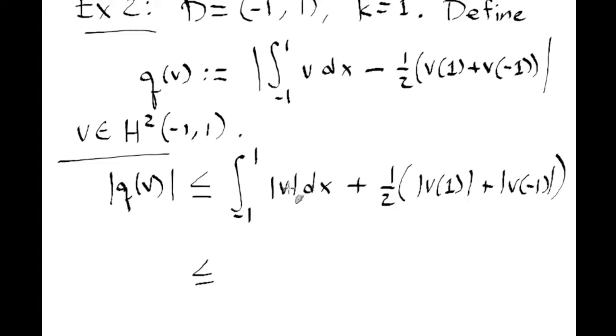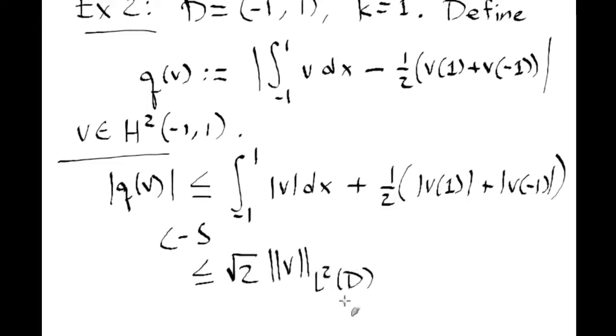And the way that you can do that is to apply Cauchy-Schwarz. I'm not going to talk about that. I'll assume that you know how to get that. And what that does is it gets us the L2 norm of v. So if you apply Cauchy-Schwarz to this integral, you should arrive here. And I wrote d, let's write minus 1, 1.